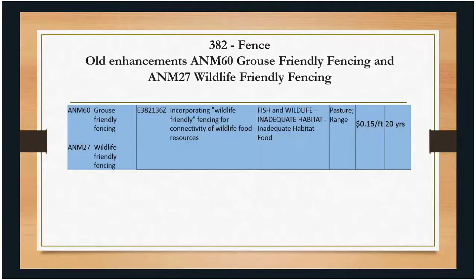This enhancement is applicable on pasture and rangeland. It's targeting fish and wildlife inadequate habitat for food. It pays 15 cents a linear foot and has a lifespan of 20 years.